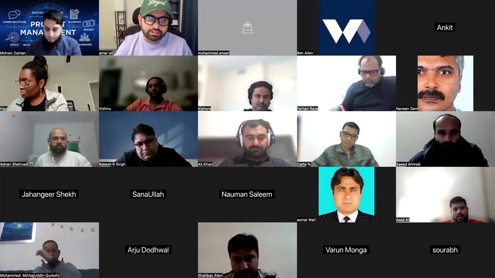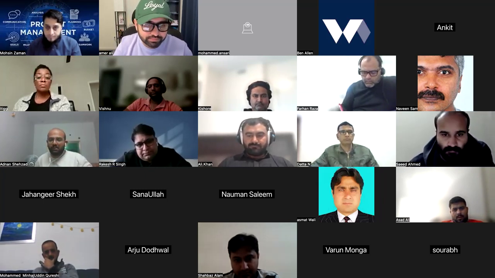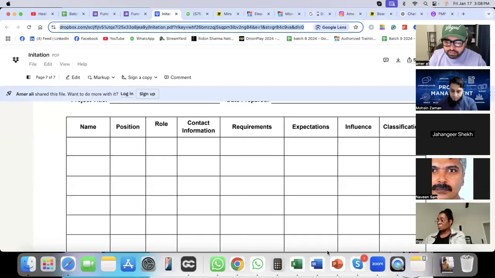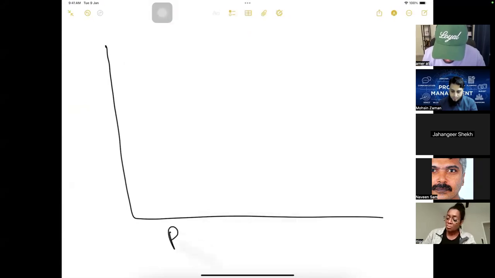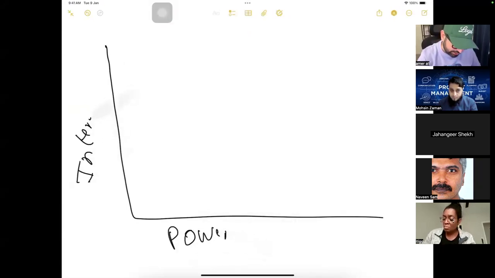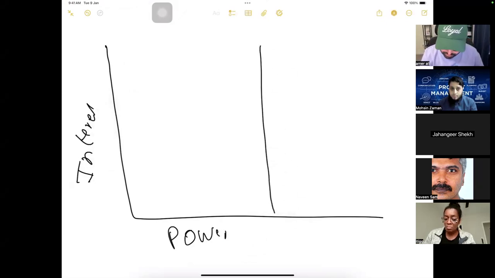Now, once I have categorized them, now comes the important thing. I prioritize them. I'm going to use the power and interest graph to prioritize them.